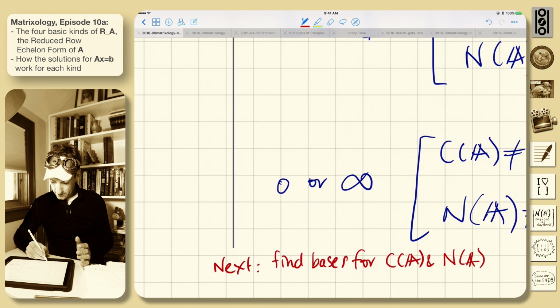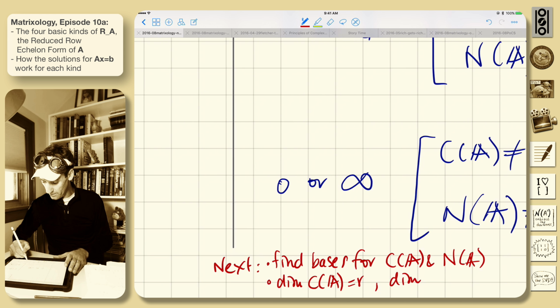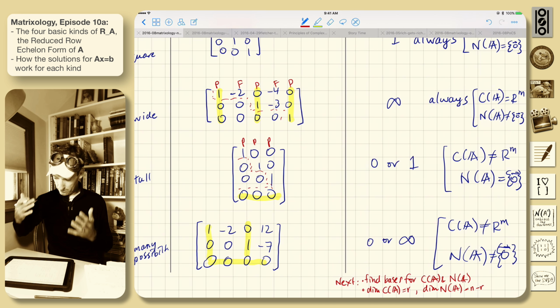And we're going to see the dimension of the column space of A is equal to r, and the dimension of the null space of A is equal to n minus r. Those things will just stick out and tell us what's going on, right?